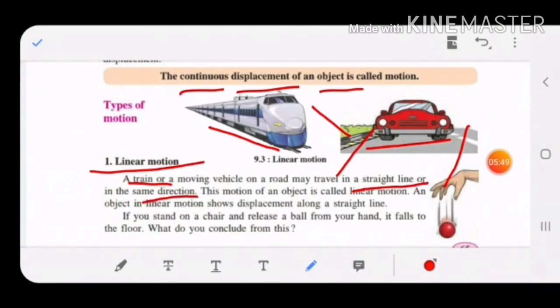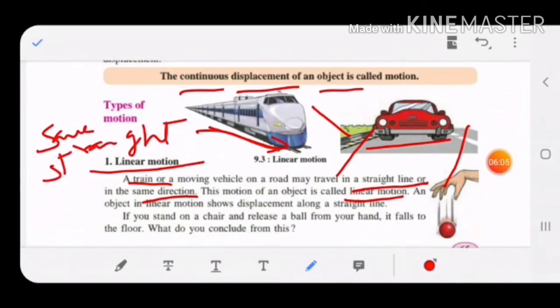They will move in the same direction and in a straight line. Such a motion of an object is called linear motion. When an object moves continuously in the same direction in the same straight line, that motion of an object is called linear motion.